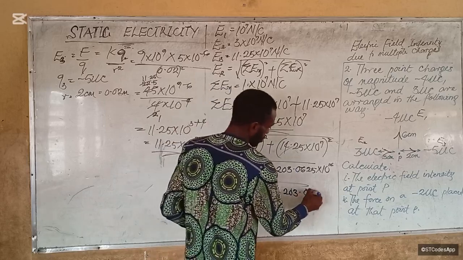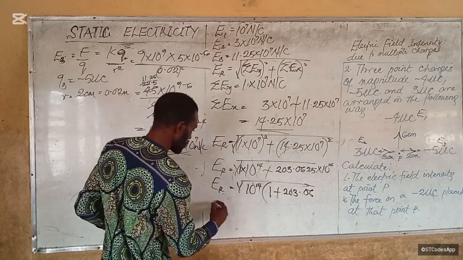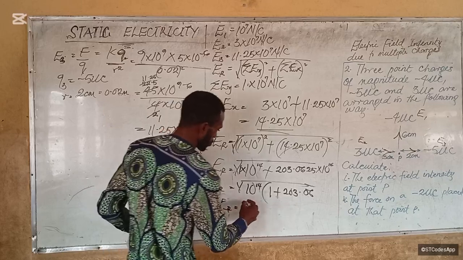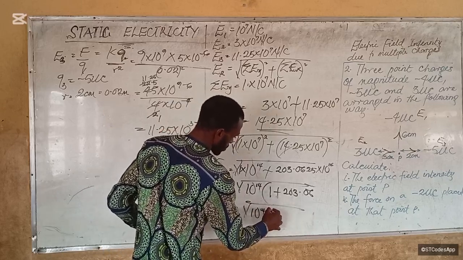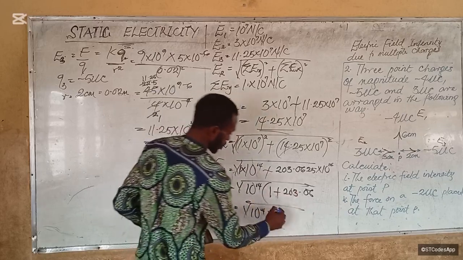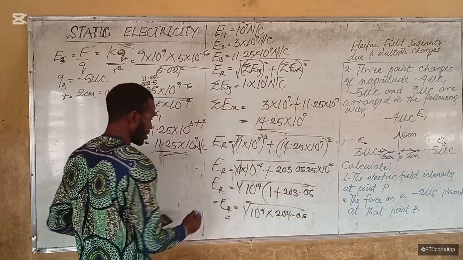Let's make this 0.6. Leave it at 0.6. Is that okay? So this becomes E sub r will be equal to the square root of 10 raised to the power 14 times 203 plus 1. That will be 204.06.